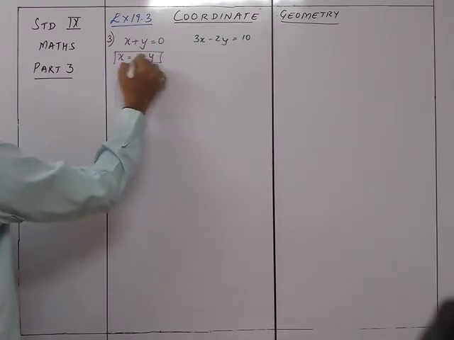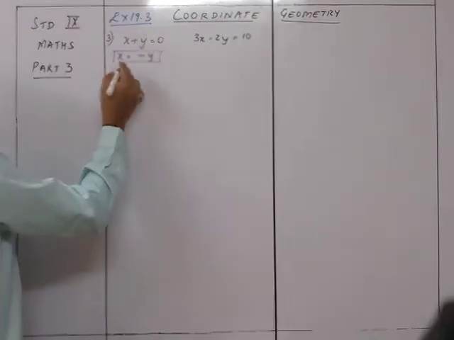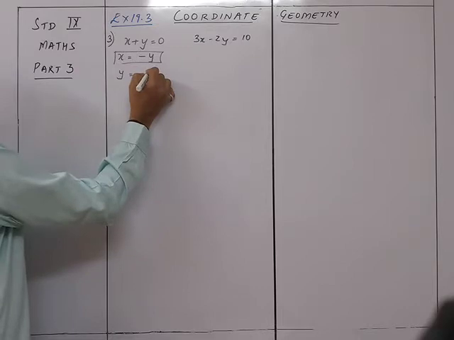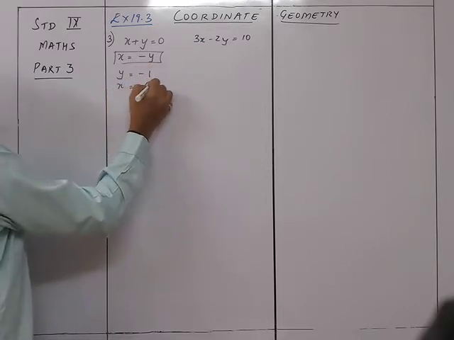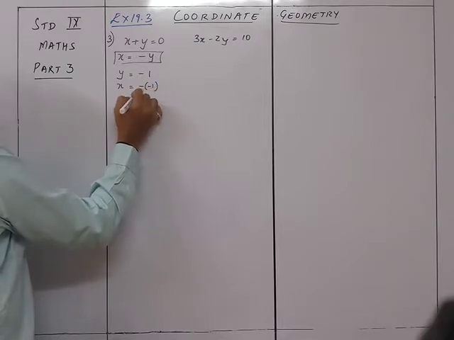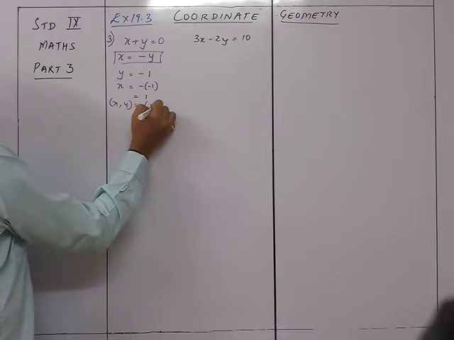That's the equation. Accordingly, if we take y as the variable, if y equals minus 1, x will be equal to minus of minus 1, that will be equal to 1. So x comma y will be 1 comma minus 1.